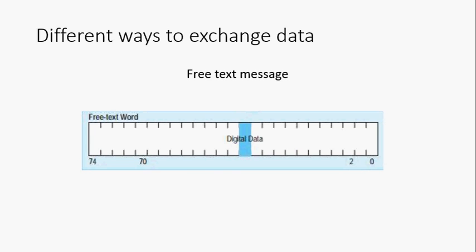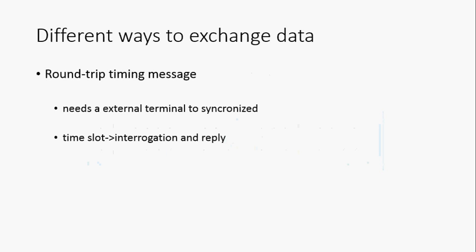And then we have one of the most important ones, that is the round trip timing message, that is mainly used in a terminal to synchronize all the network to receive and transmit data. So let's see how this round trip timing works.